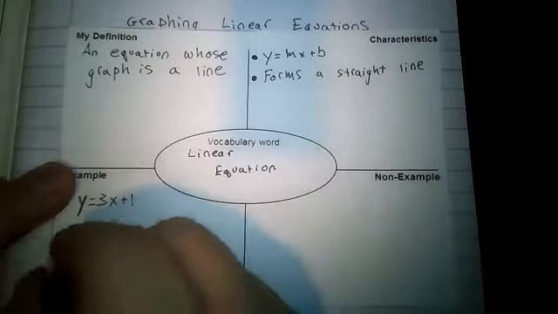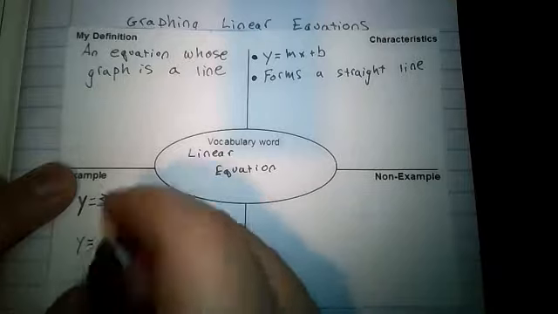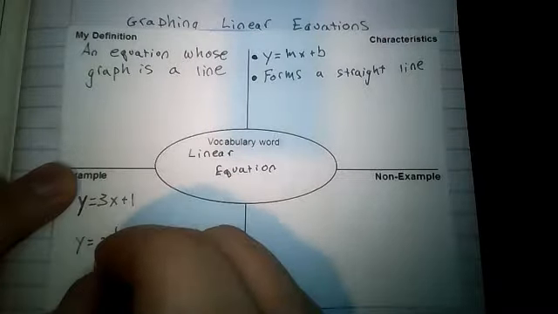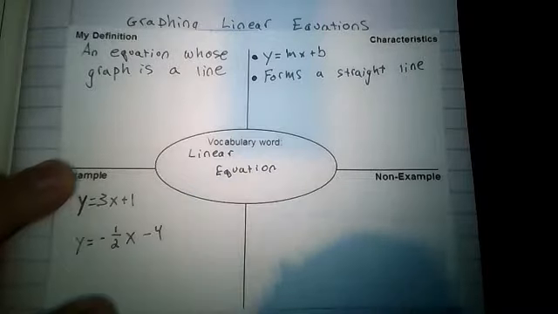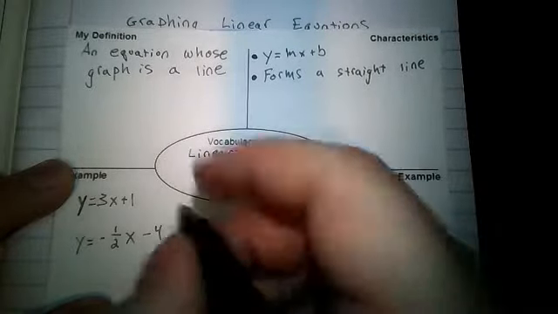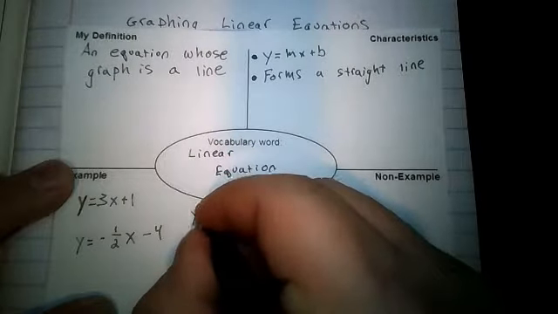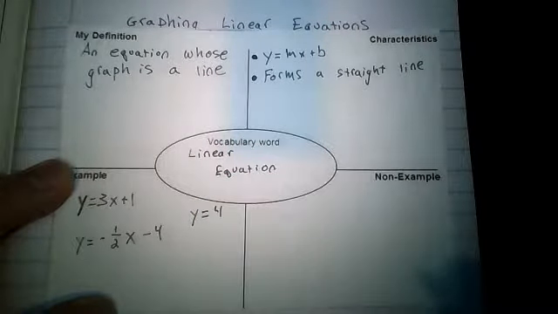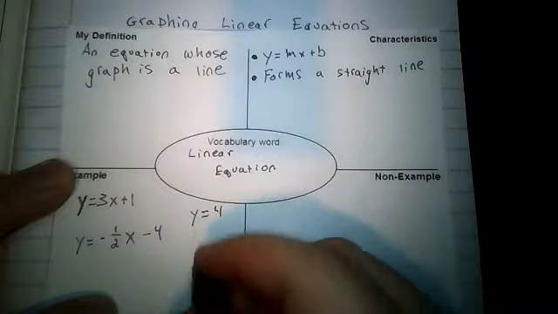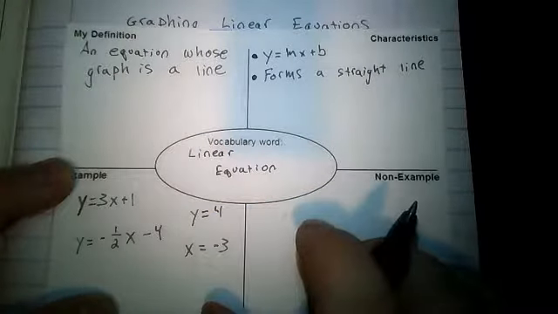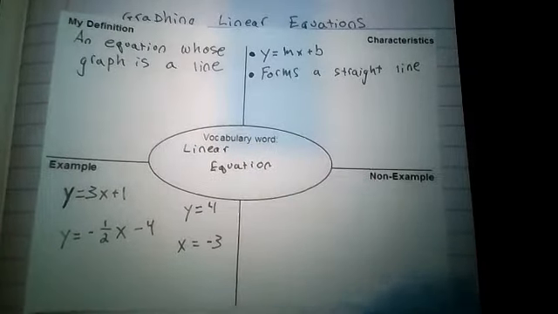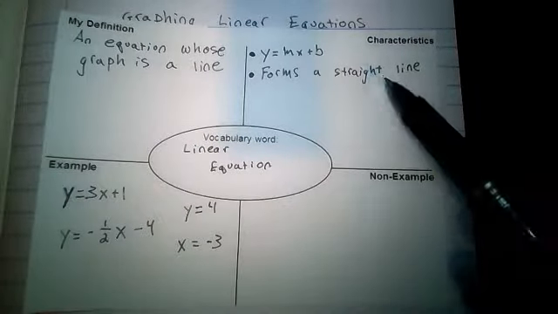Another example: y equals negative 1/2 x minus 4. Another example is if you just had a line like y equals 4. Or maybe x equals negative 3. And when we start to graph these lines, you'll notice that all of them are going to be a straight line.